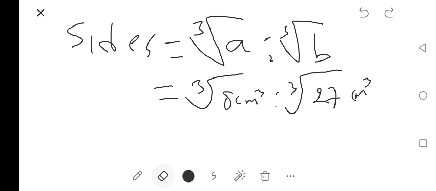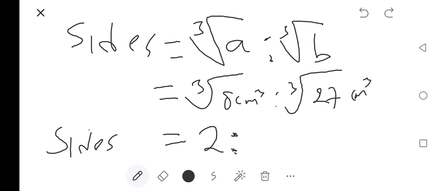So, what is the cube root of 8? Which number can you multiply 3 times to get 8? And which number can you cube to get 27? 3. That's all. That's what we'll be dealing with.